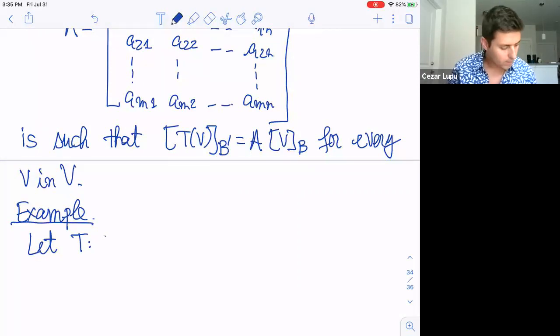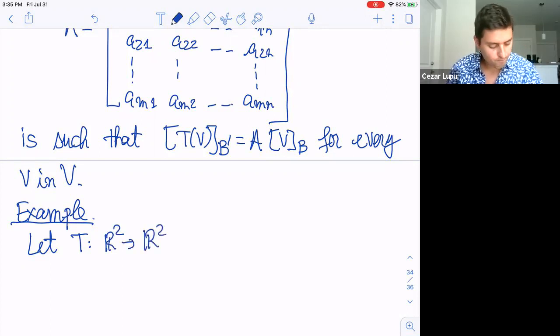Okay, let me take a simple one from R2 to R2.